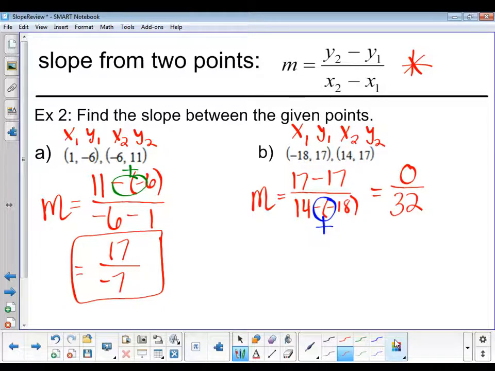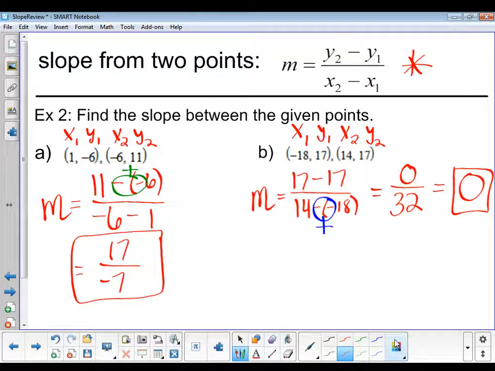So again, this is a unique situation because you have 0 in your answer, but your final result is going to change depending on where that 0 occurs. For this problem, the 0 is in the numerator. Anytime the 0 is in the top of your fraction, it is going to equal 0. 0 divided by any number, except for 0, is 0.